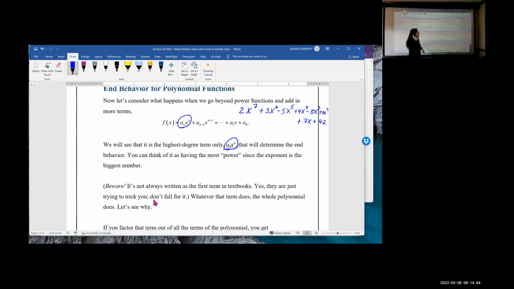Okay, so a_n is 2. The highest degree term is the 2x^7 because 7 is the highest power that we ever have on x.